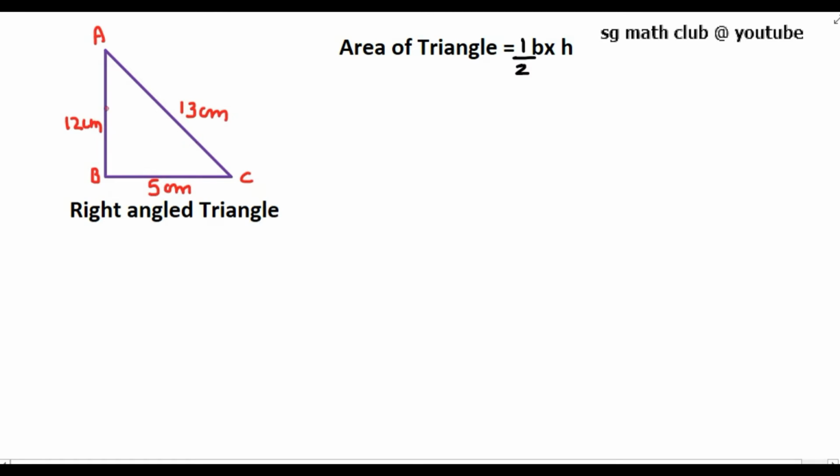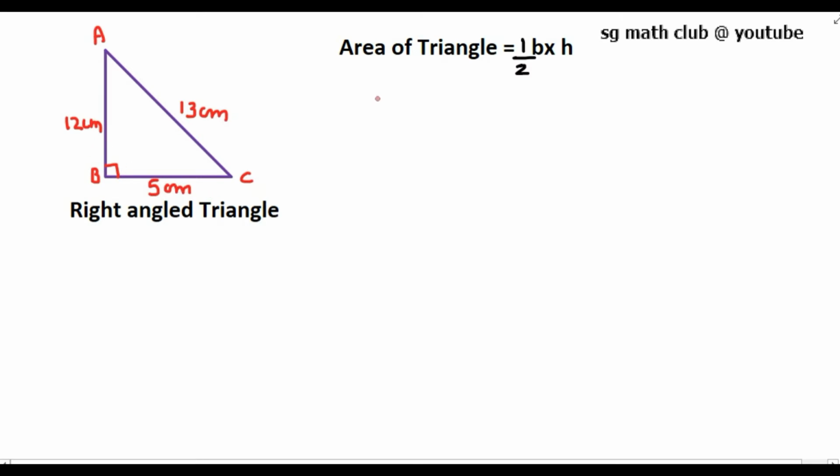Here you can see a right angle triangle with sides 5 cm, 12 cm and 13 cm. When the triangle is right angled, we can directly apply the formula by using the two sides containing the right angle as base and height.